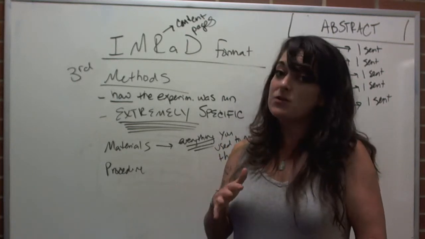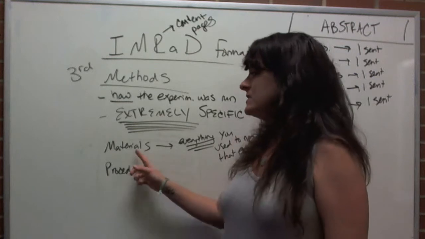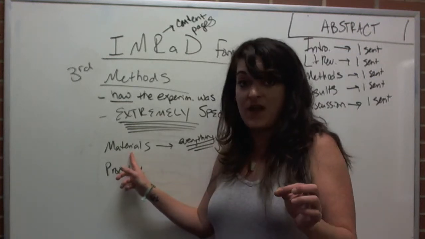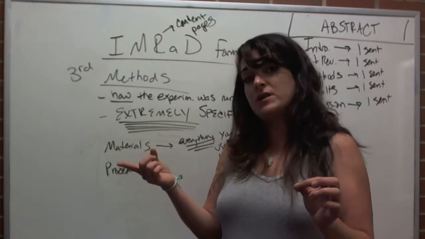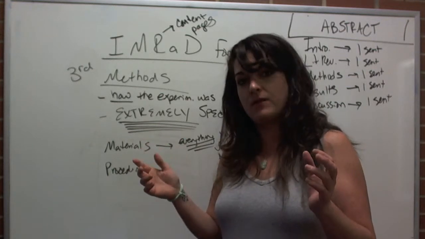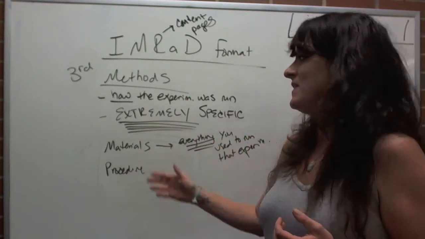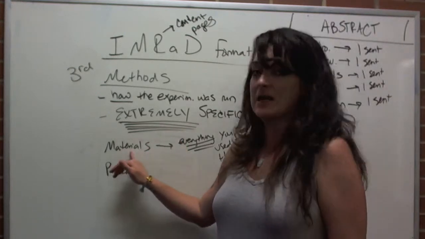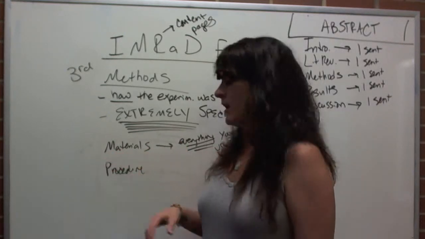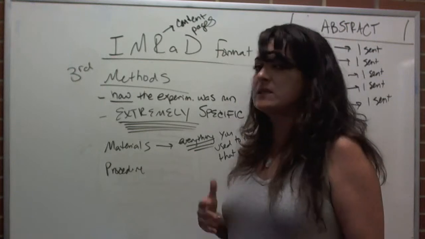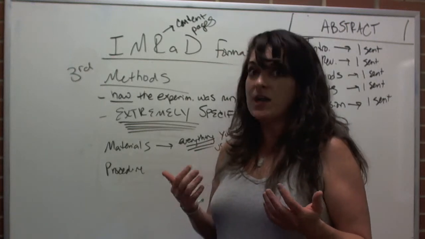And the way that we make sure that we have validity is that we say exactly how we ran that experiment, so that if another researcher is questionable about the data that we got, she or he can run the exact same experiment in the exact same way using the exact same materials. Make sense? Okay.